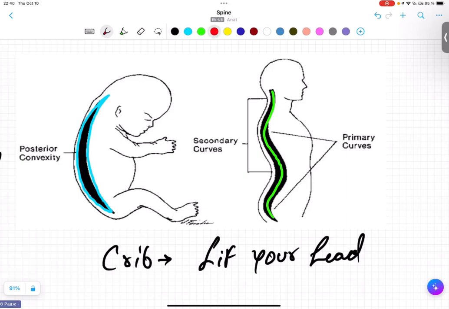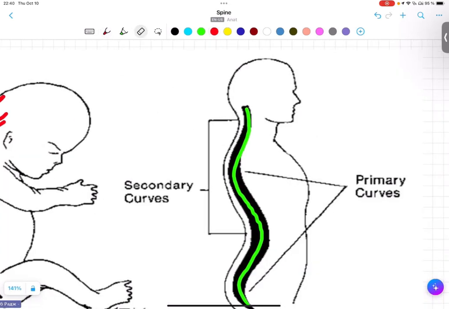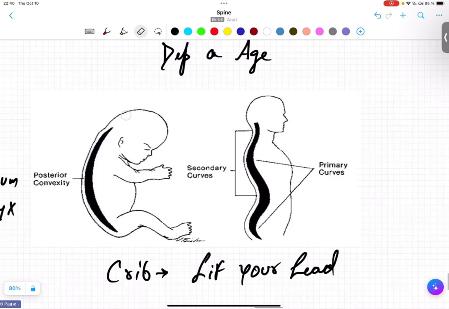With the tension created by the muscles, you will form this curvature here. These are the muscles acting on the cervical vertebrae, and the curvature will shift from a primary concave to now concavo-convex.